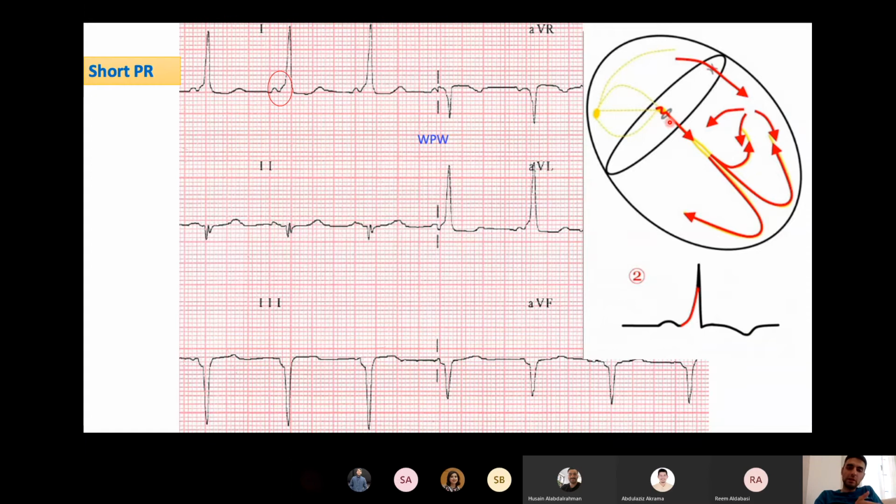But when you have another competing vector from the accessory pathway, this axis may differ. Often you have an abnormal QRS axis in WPW, not because the heart is diseased, just because the accessory pathway changes your QRS axis. Make sense?